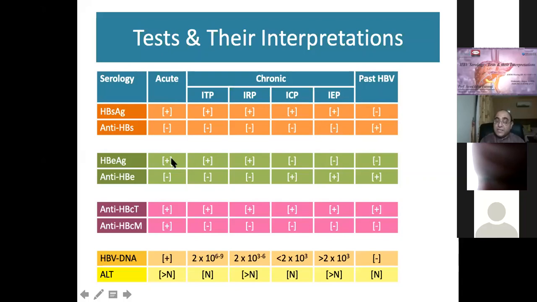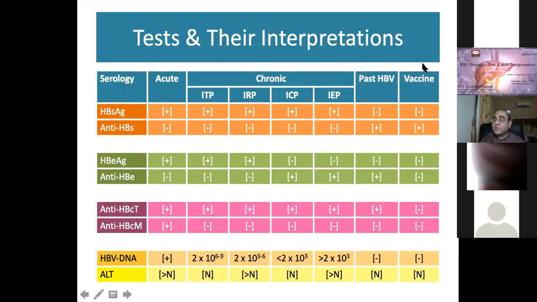In HBe antigen positive, the first phase was just infection where the ALT was normal, and the second phase was hepatitis or the inflammatory phase where ALT was raised. Similarly, in the HBe antigen negative phase, the first one was the infection with normal ALT, the second was inflammation or hepatitis. So this is the way when a patient comes into the chronic phase, these are the 4 phases the patient follows.